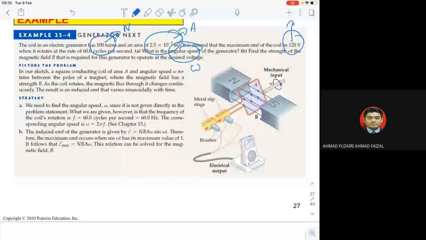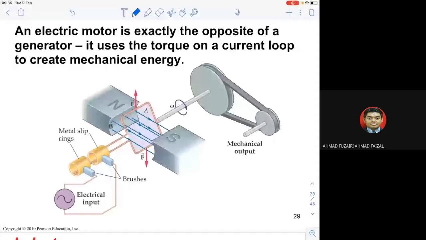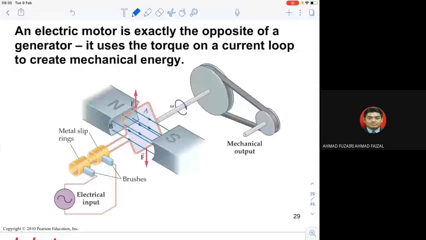This is how the mechanical works in the generators. Like when we look at the machine, it starts with the mechanical output, that's why we pull with a rope. So it will generate, induce some current, when there is some change in the magnetic field.